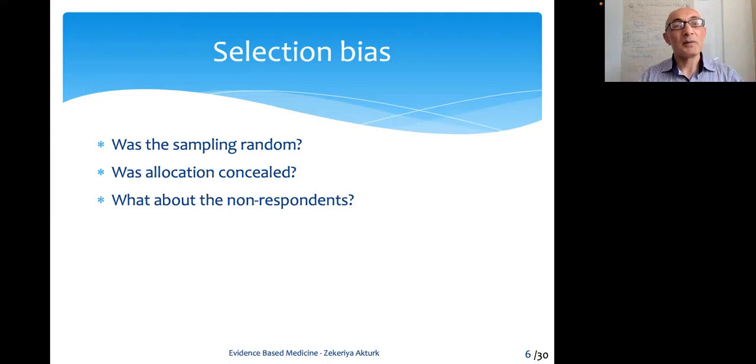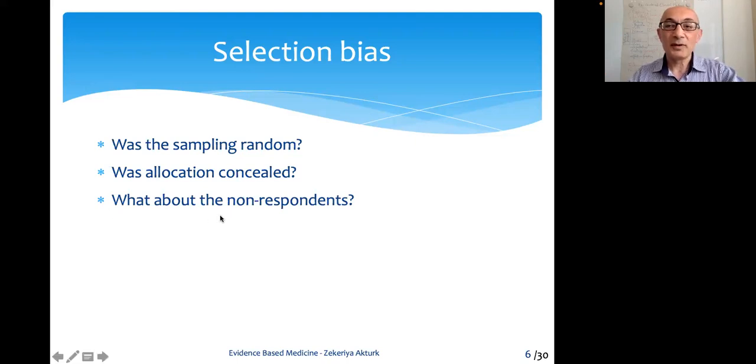The groups must be established in a way where the scientists will not be able to interfere. That might be with a concealed envelope, or some computer-generated methods, or some other methods.